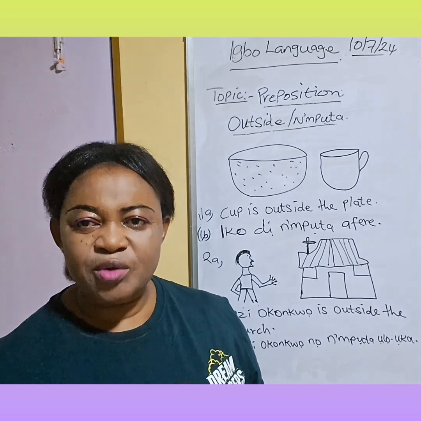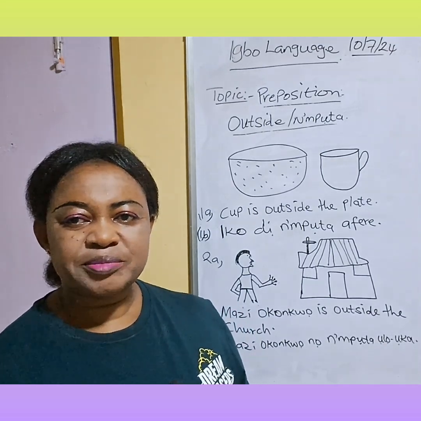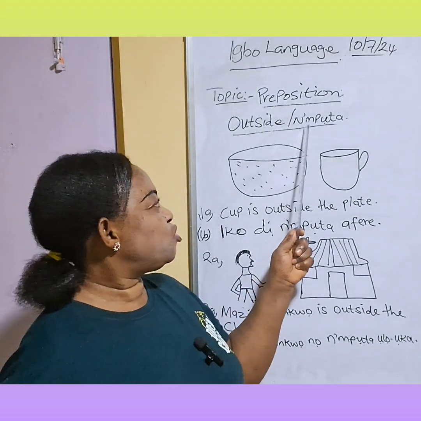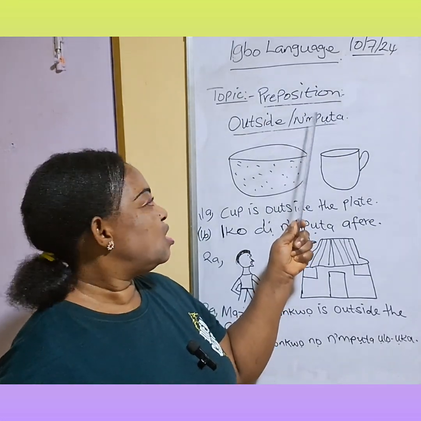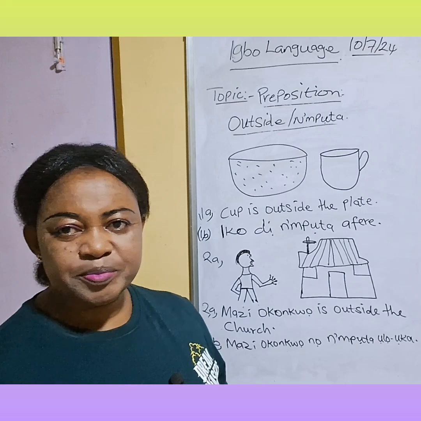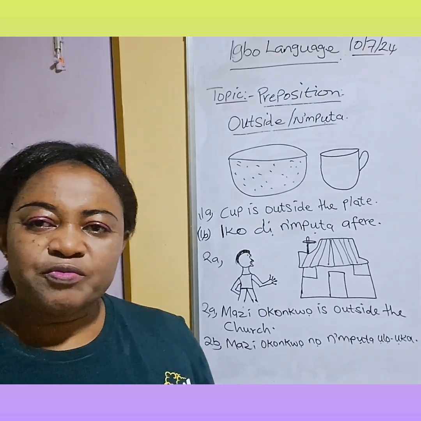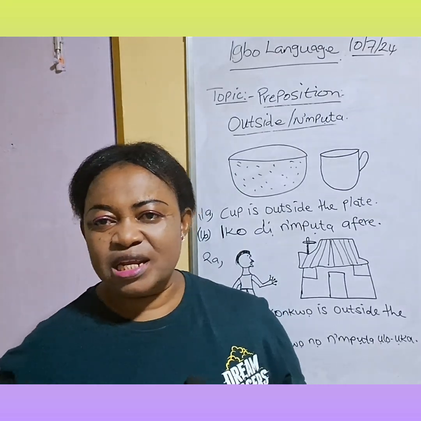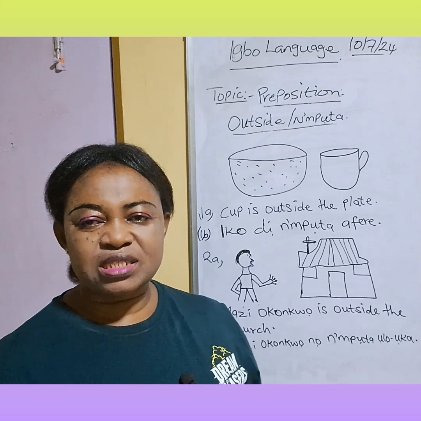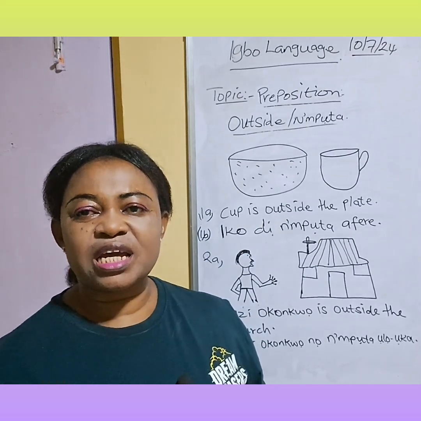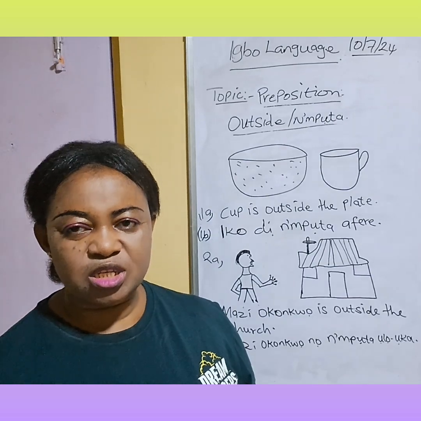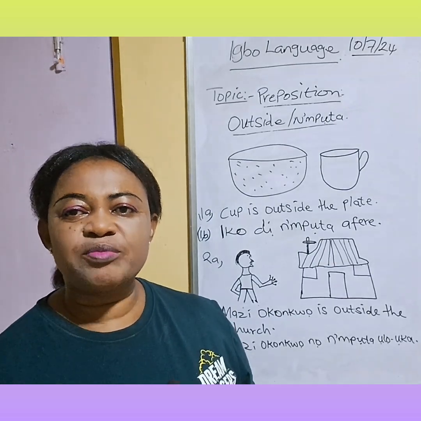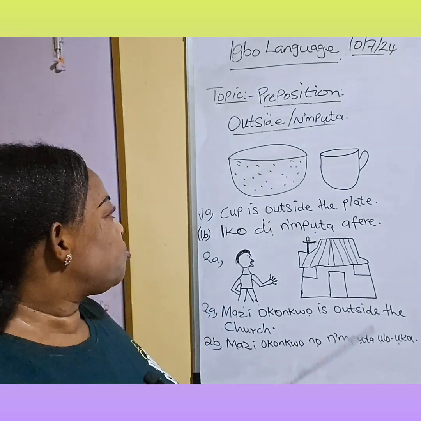You can see that we put an apostrophe before the letter M. We call them vowel alike. They are two letters, letter N and letter M. In Igbo we call them Yirudume, and in English we call them vowel alike.